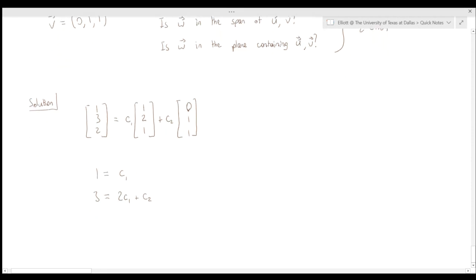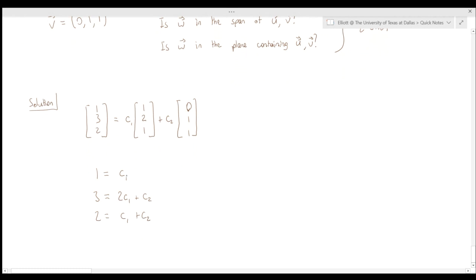And finally, looking at the z components, you would get 2 equals 1 C1 plus 1 C2. And then you would want to try and solve this system of equations.